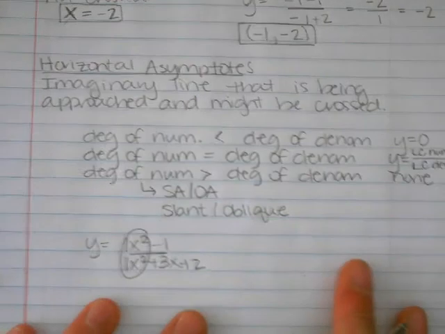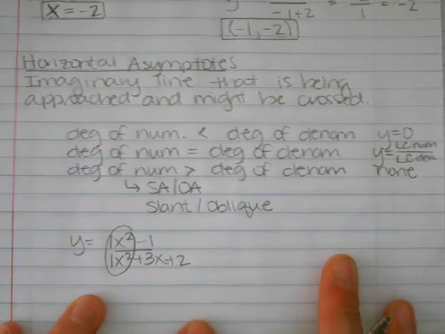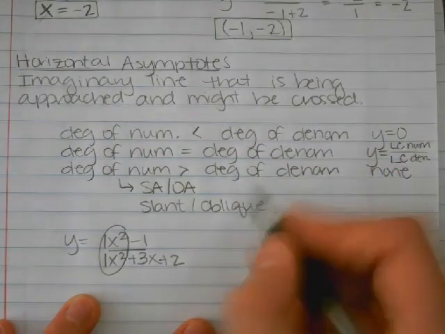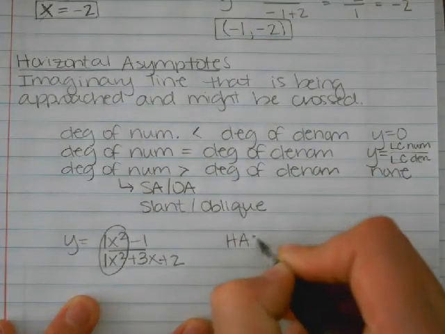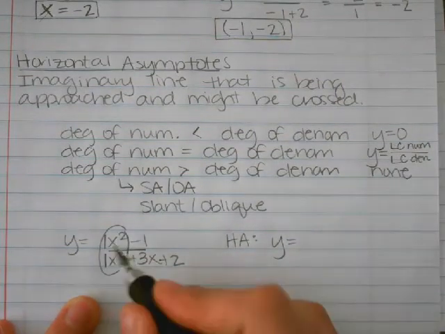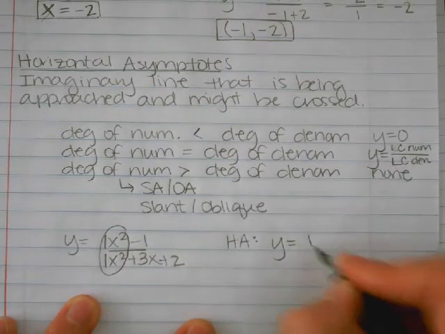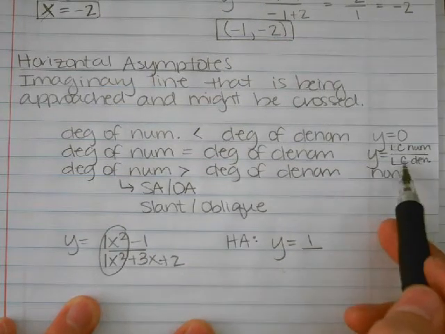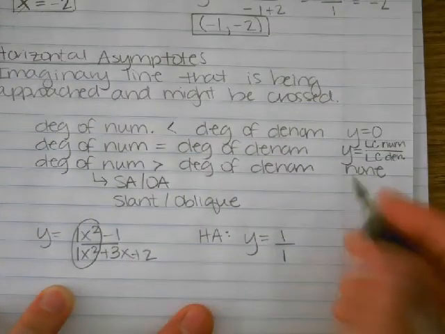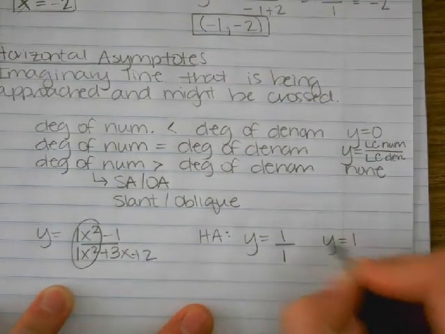Since the degree of the numerator and the degree of the denominator happen to equal each other, I know that my horizontal asymptote is going to be y equals the leading coefficient of the numerator, which is 1, divided by the leading coefficient of the denominator, which is also 1. And so our horizontal asymptote is the line y equals 1.